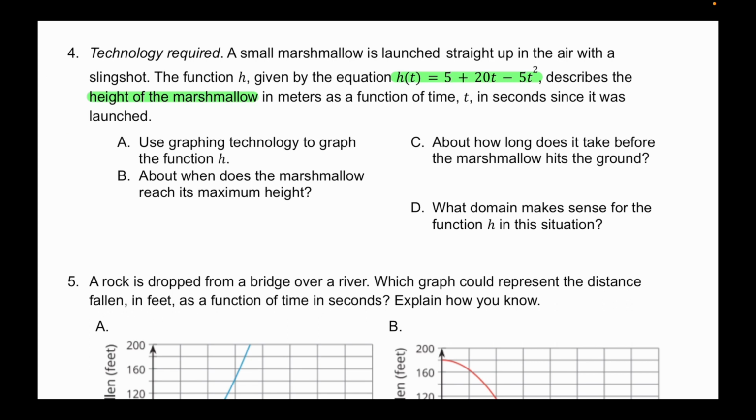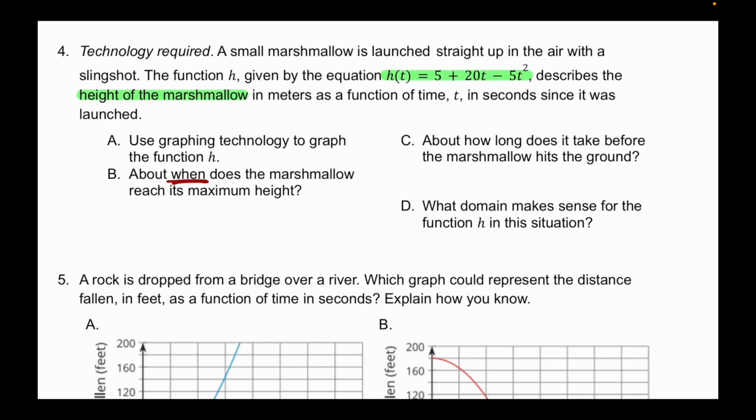Let's look at our questions here first. When, so that's time, does it reach its maximum height? How long is also an amount of time before the marshmallow hits the ground?